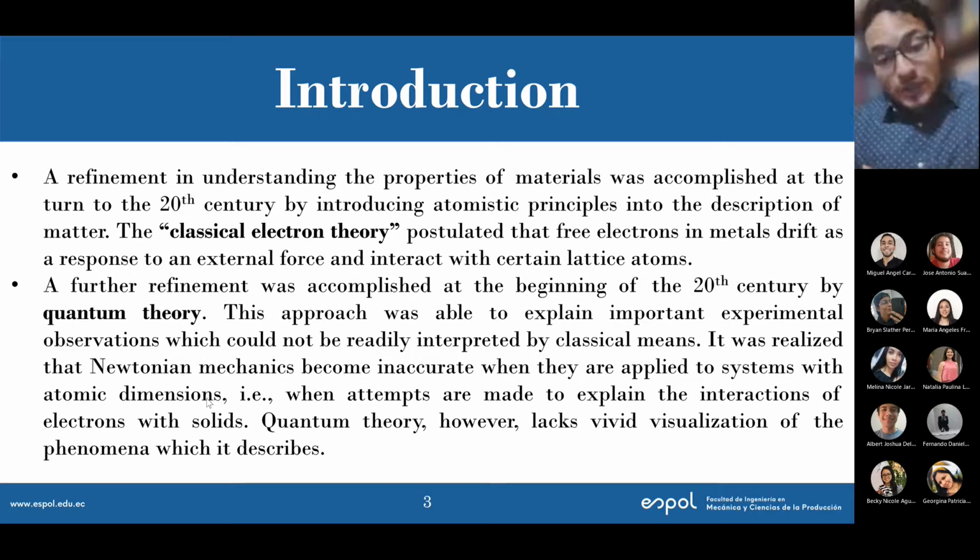The big problem of this theory, though, is that it lacks visualization for us, and this is why this topic is so hard, because it's so difficult for us to visualize the phenomena that this theory is describing, because it's at a level that is quite small. That's the big problem of quantum theory, and that's why it's so hard.